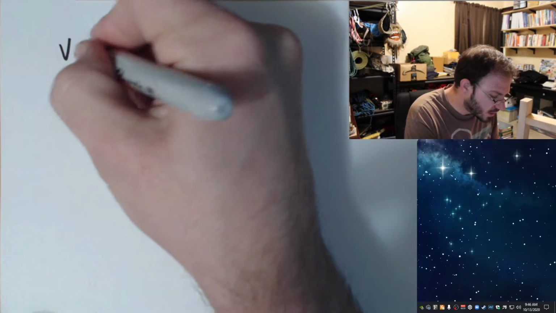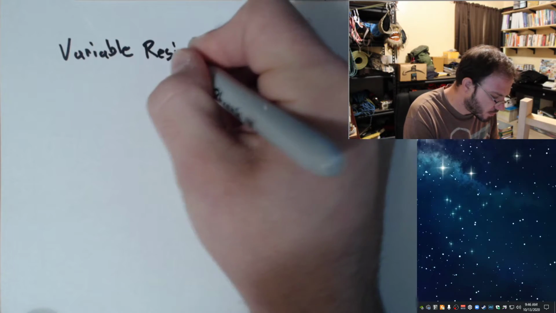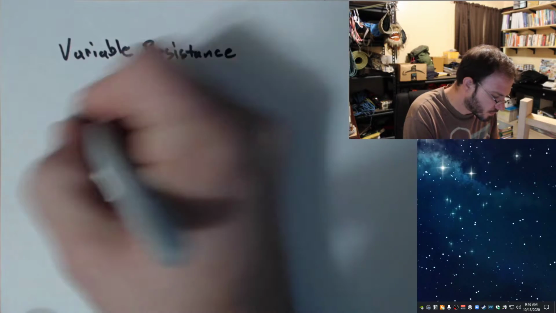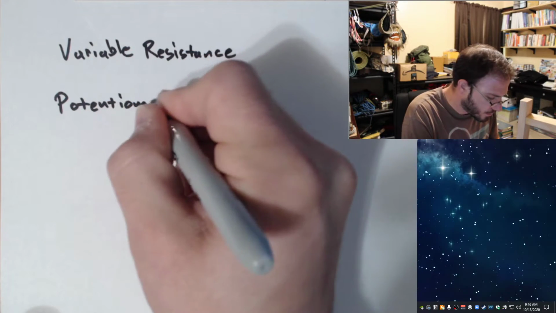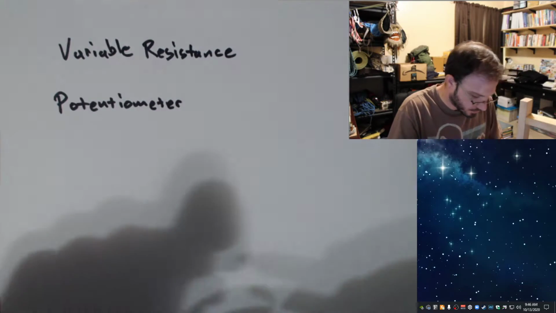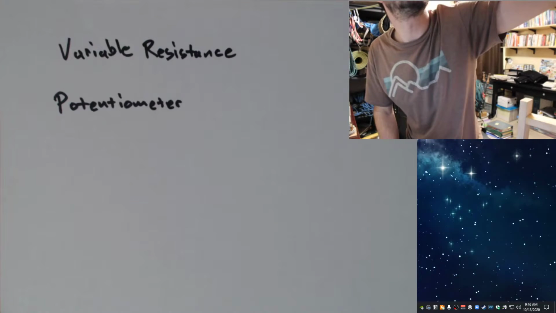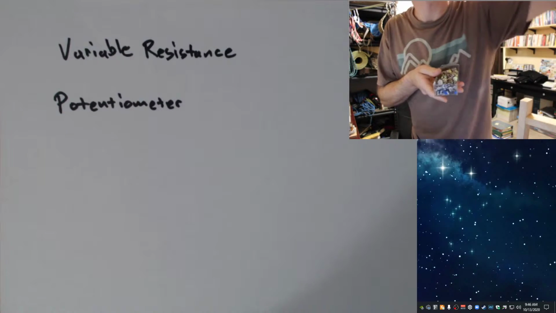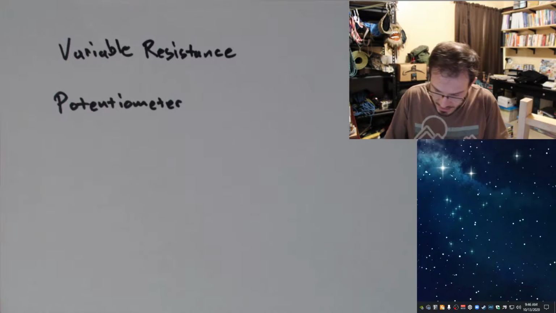Now, the most common type of variable resistor is the potentiometer. And I have several different examples here.